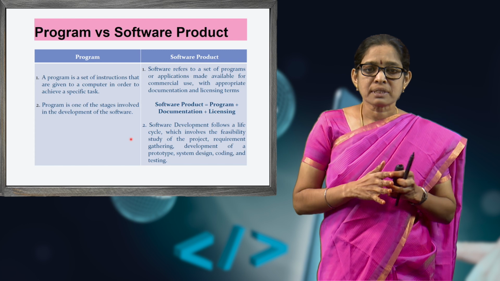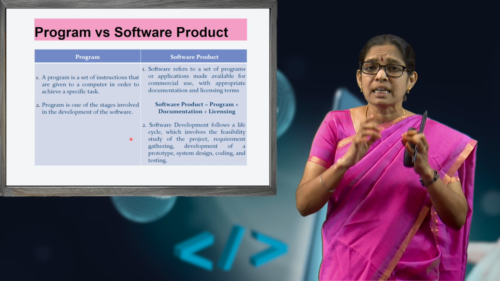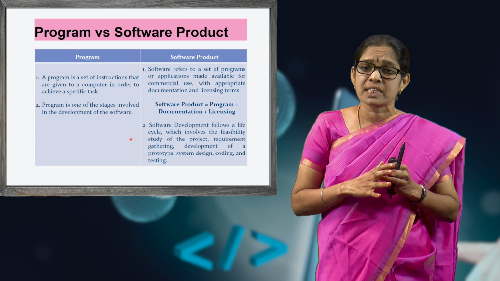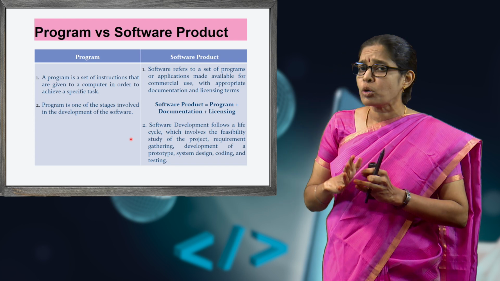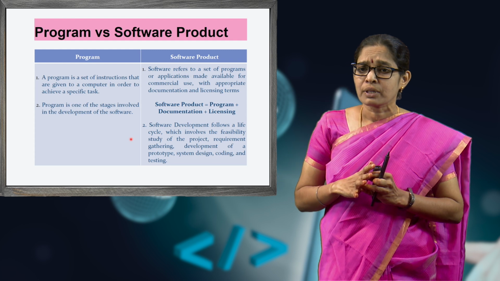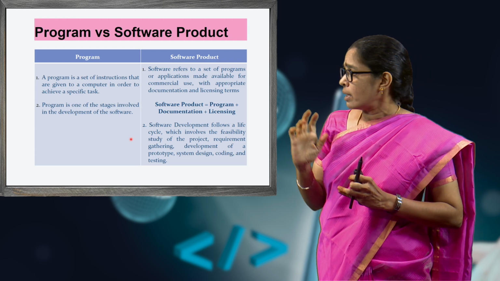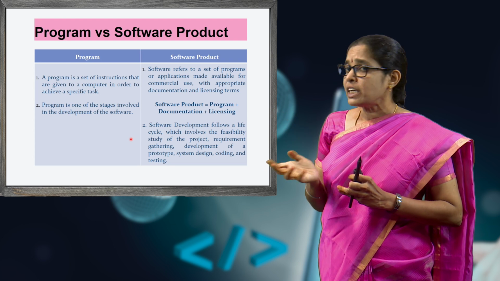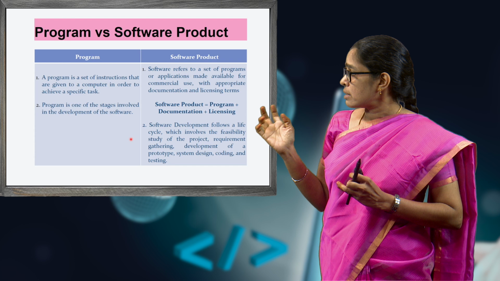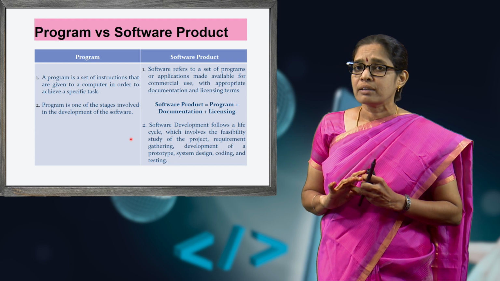Here on the program side, program is one of the stages involved in the software development life cycle. But on the software product side, it follows the entire life cycle, which involves feasibility study of the project, requirement gathering, development of a prototype, system design, coding and testing.